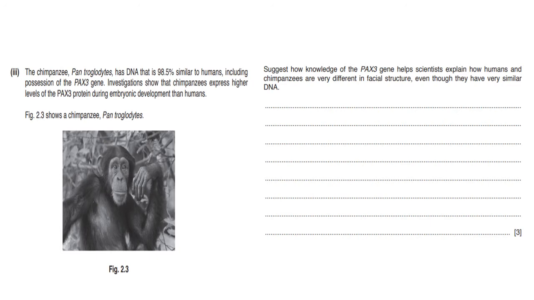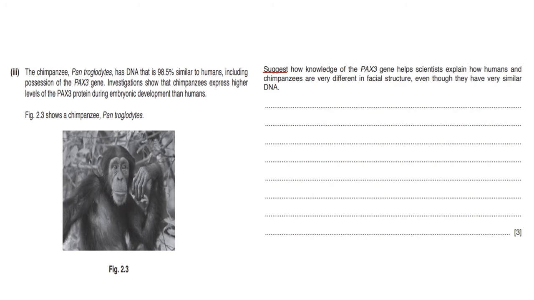So in this case, you can talk about how, because again, it says suggest, right? So you're not thinking about facts from your textbook, you're thinking of the application of the information you've gained in biology. So an example here would then be to say that there might be a small genetic difference in the PAX3 sequence in humans and chimpanzees that results in these differences. So just one small change in alleles can result in big phenotypic differences.